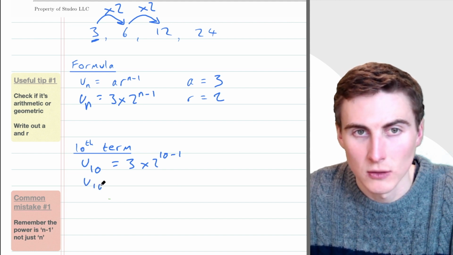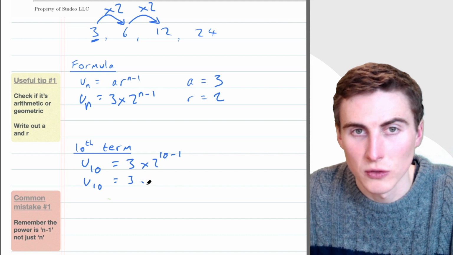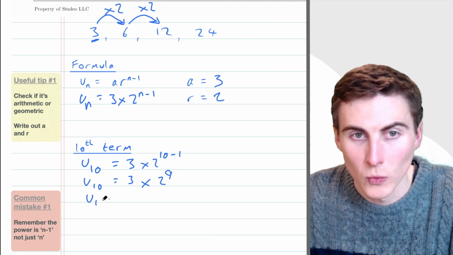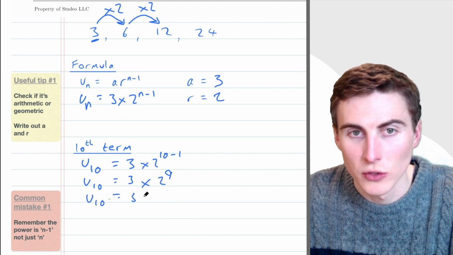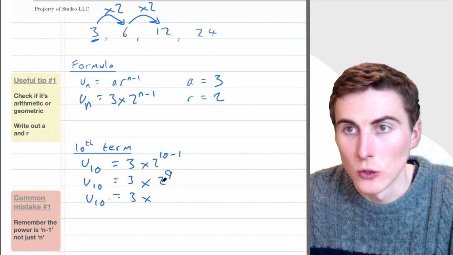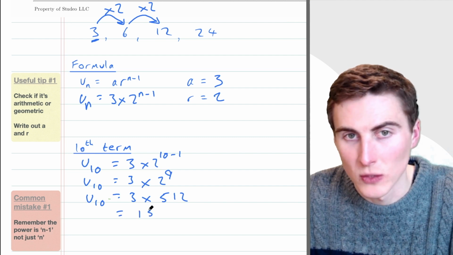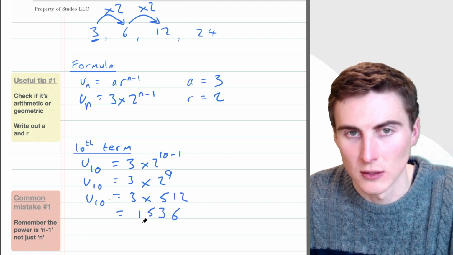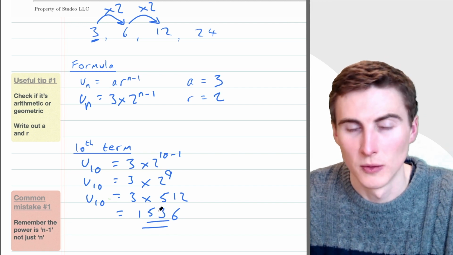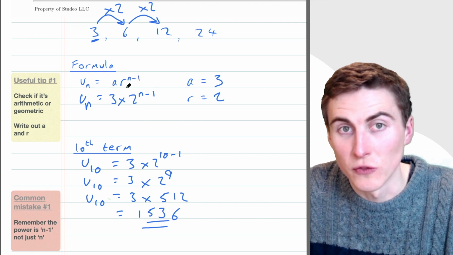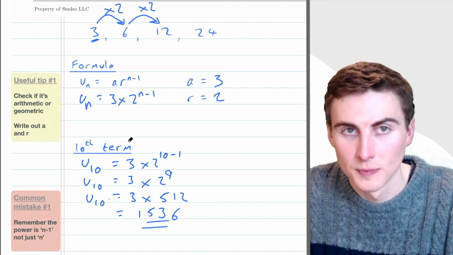Which, if we simplify it down, u_10 equals 3 times 2 to the power of 9, which is 512. So if we do that, that's 1,536. That's the 10th term. So the 10th term in the sequence is 1,536, whereas the formula for the sequence is this here.